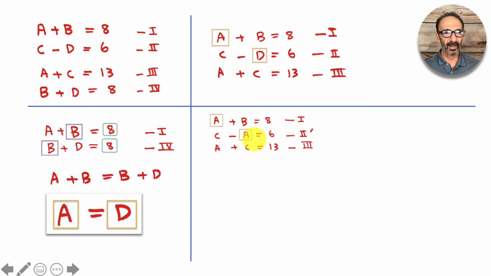Now if I combine the second and the third, A will cancel, and the 2 C's, or the C's, will add up to 19. We're almost done. After I replaced this one with A, notice here I did not use the first one, by the way.